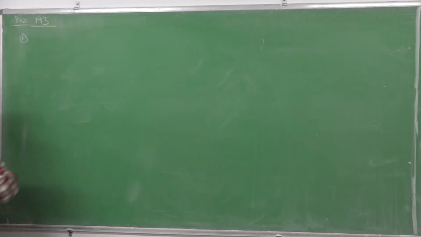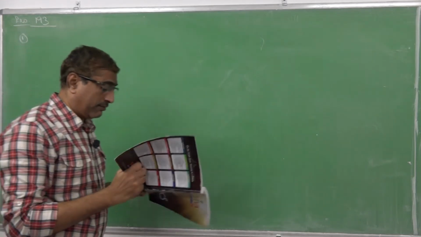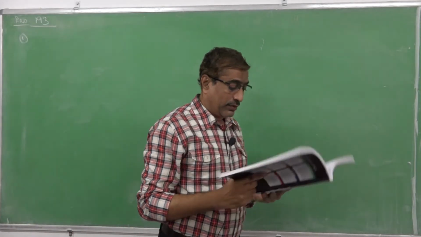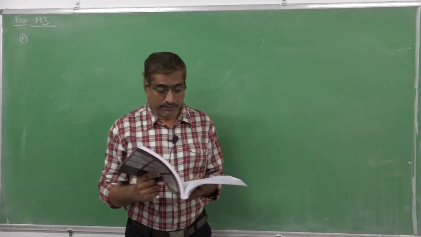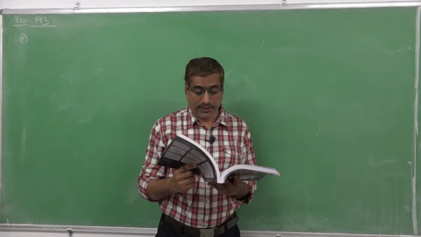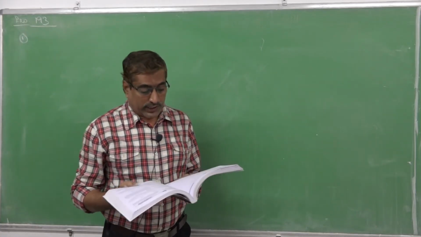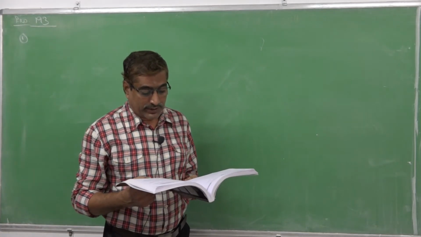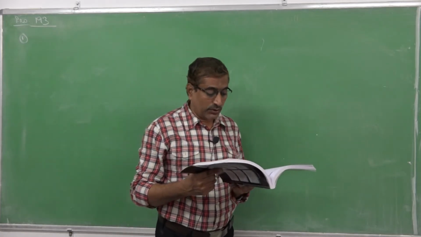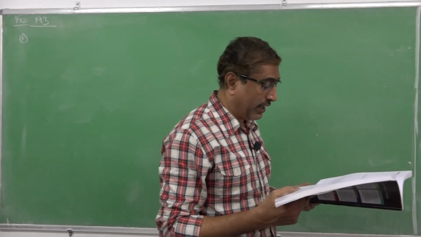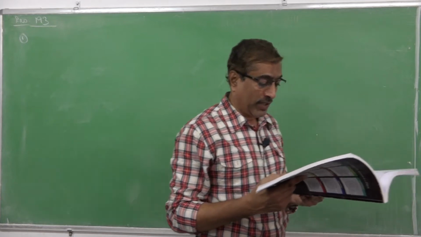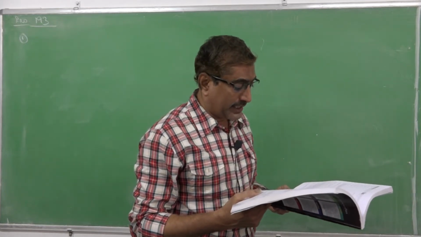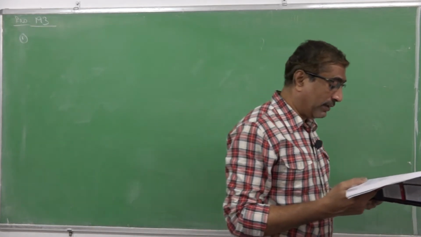Problem number 1. A copper block of mass 1 kg slides down a rough inclined plane of inclination 37 degrees at constant speed. Find the increase in the temperature of the block as it slides down through 60 centimeters, assuming the loss in mechanical energy goes into the copper block as thermal energy. The specific heat of copper is given.